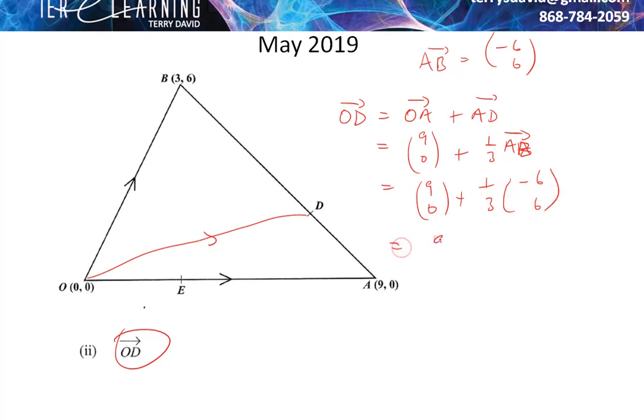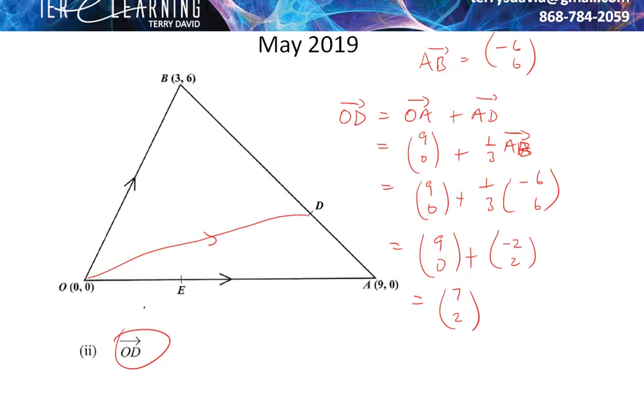So this is really 9, 0 plus, a scalar multiplication of a vector. 1/3 by minus 6 is minus 2, and 1/3 by 6 is 2. So 9 plus minus 2 gives me 7, and 0 plus 2 gives me 2. So that is the vector OD.